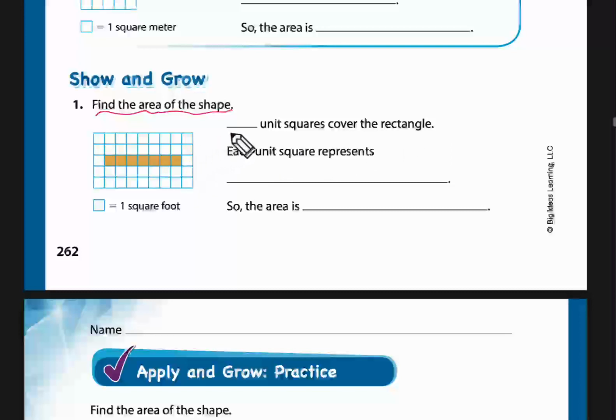Okay, so 7 unit squares cover the rectangle, and each unit square represents one what? One square unit. No, 1 square foot. Of course.